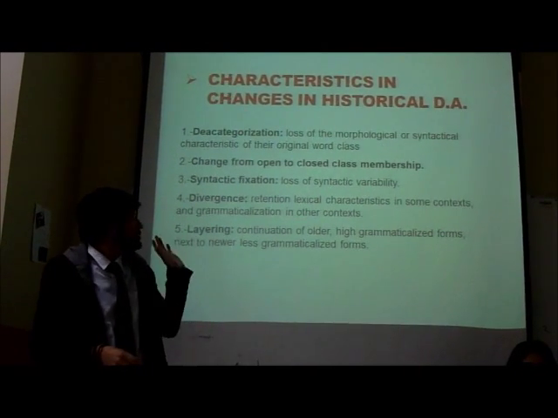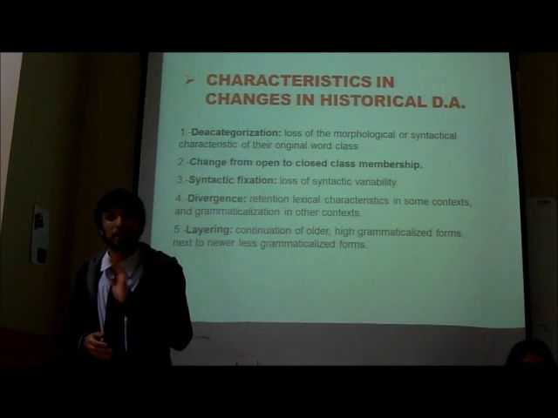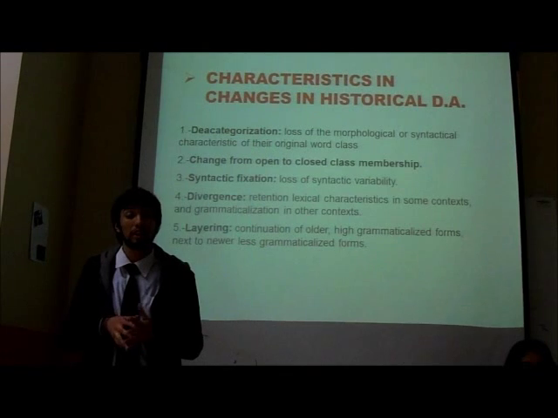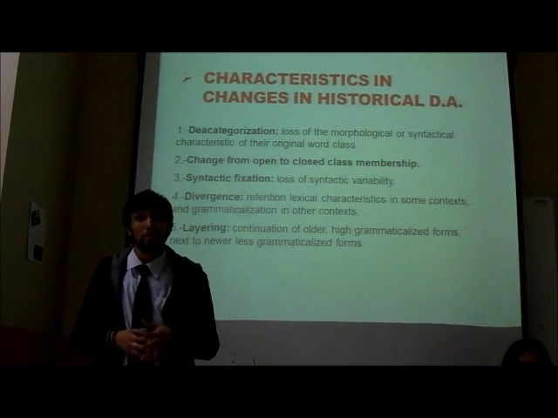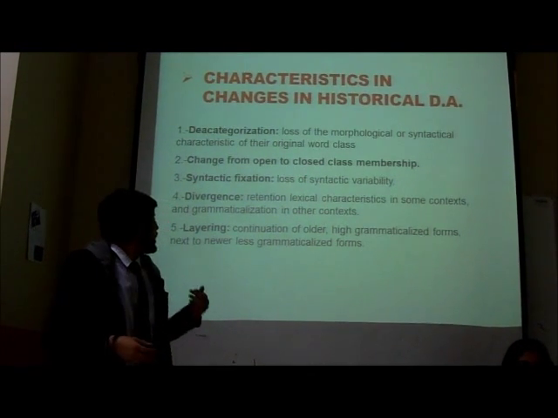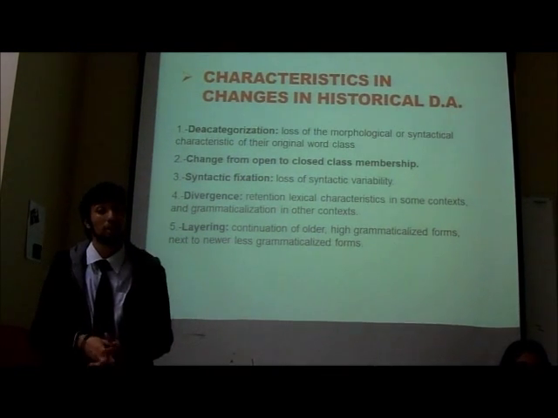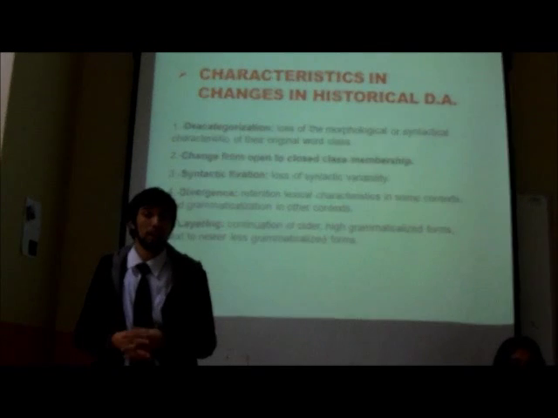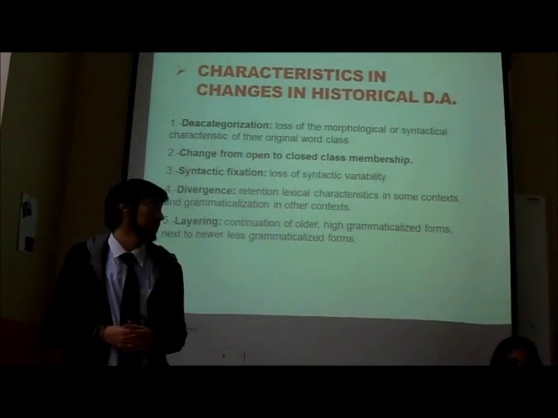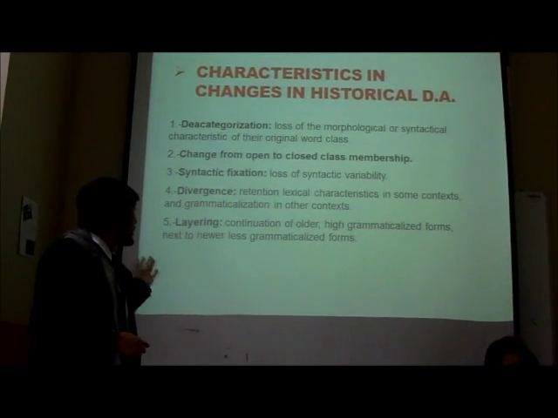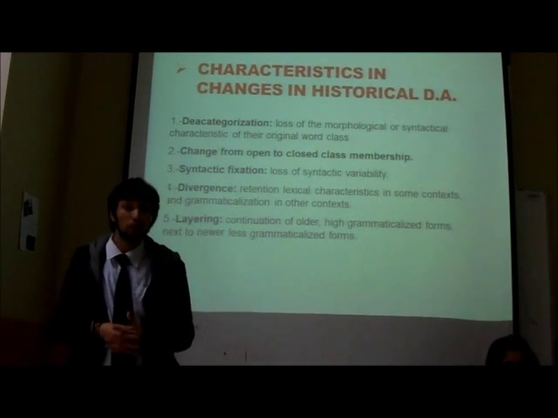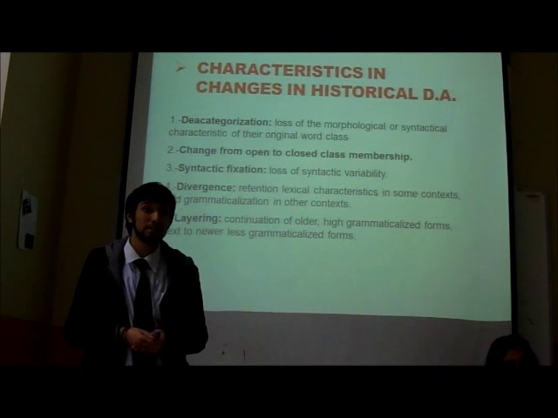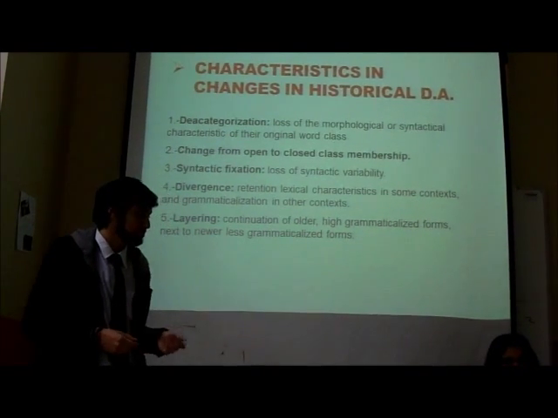The second, the change from open class to closed class membership. The syntactic fixation, which is the loss of syntactic variability in word class. Divergence, which is the retention of lexical characteristics in some contexts and grammaticalization in other contexts. And finally, layering, which is the continuation of older, highly grammaticalized forms next to newer, less grammaticalized forms.